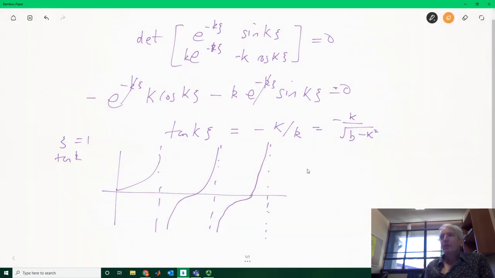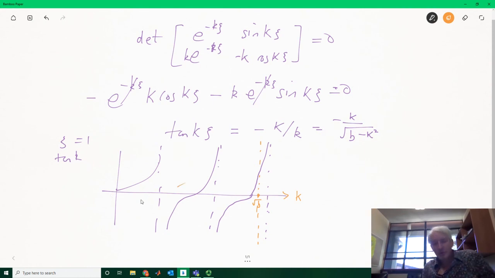So what happens to this curve here? This is my kappa. So somewhere down here we have square root of b. And at that point there, when kappa goes to the square root of b, this is always negative, right? It's an asymptote. You could have turned it around and written cotangent and shifted everything and got a similar expression, but it doesn't really matter, does it?